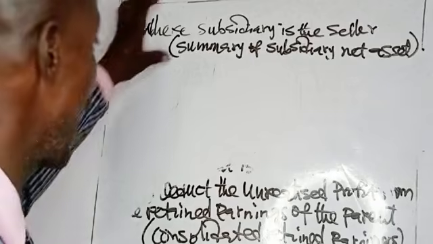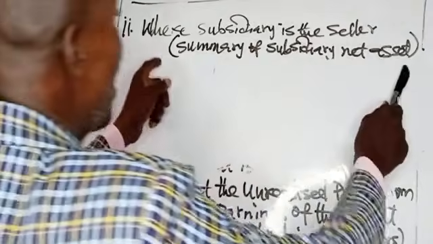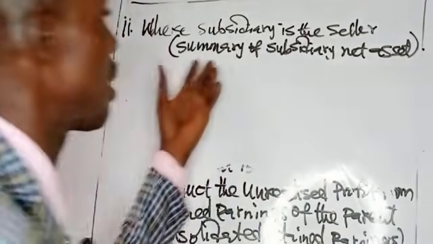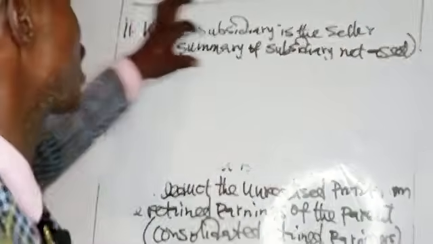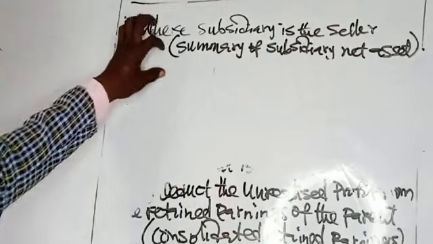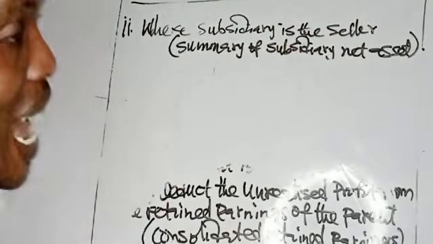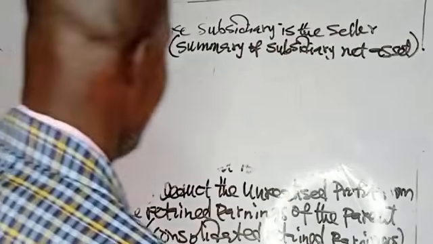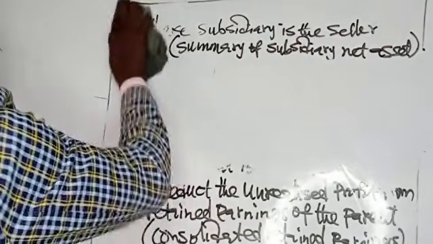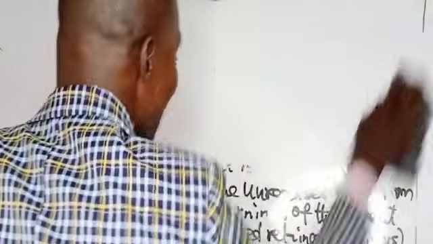So that is the adjustment. Remember, the retained earnings of the subsidiary, you will have gotten that in the summary of subsidiary net asset. So that may adjust for your unrealized profit in the summary of the subsidiary's net asset. That is the treatment of intergroup trading. By the time I take a worked example, you'll be able to understand that better.